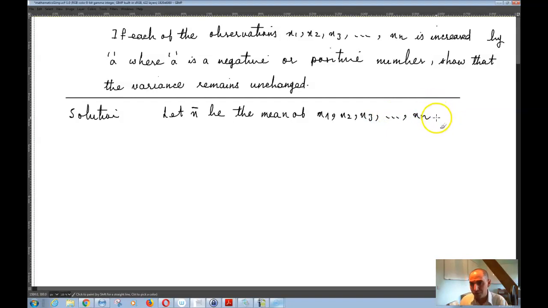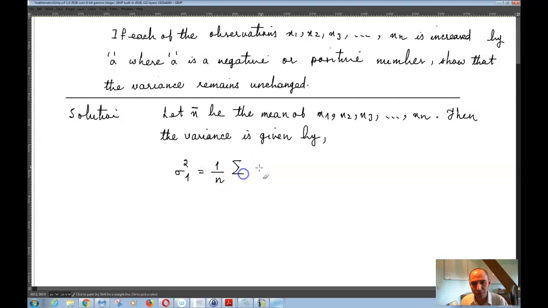Then the variance of those numbers is given by sigma squared, which is equal to 1 over n times the sum of (x of I minus x bar) squared as I goes from 1 to n.